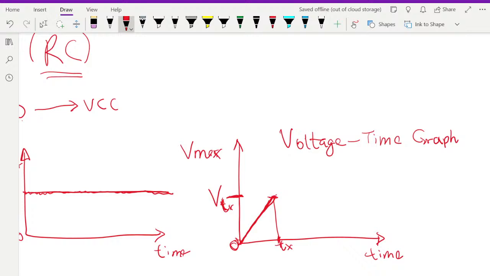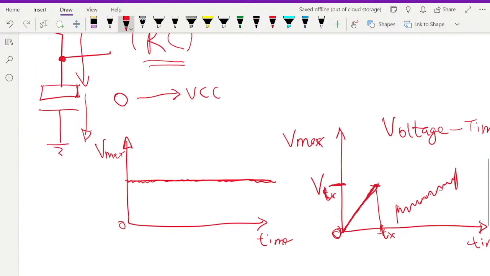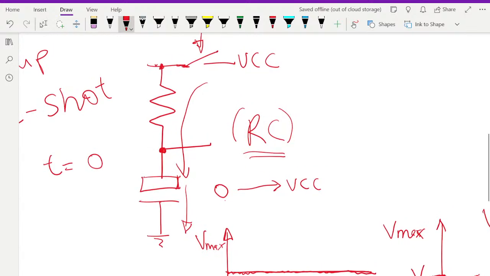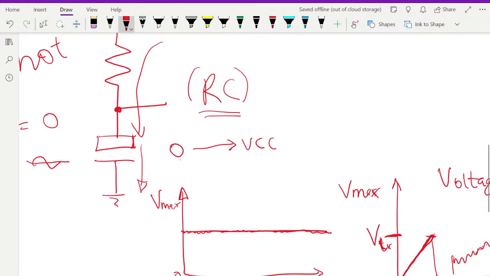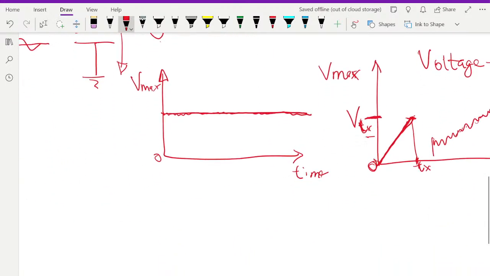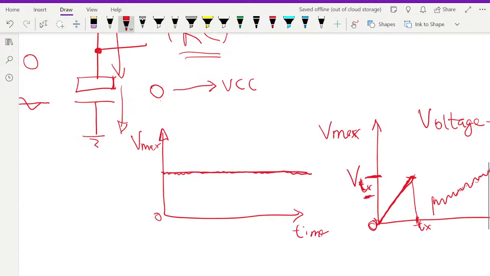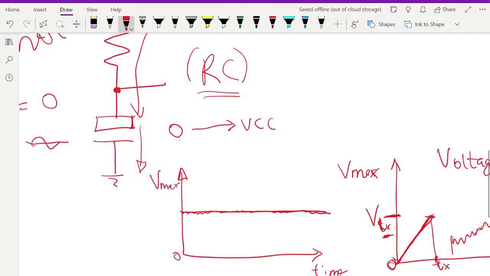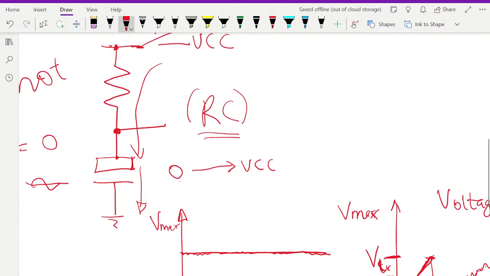So it goes and then builds up to that point. That jitter is seen by the capacitor as an AC circuit. It's not an AC, but it sees it as an AC circuit and shorts momentarily. And that moment it will short will be equivalent to the time TX, whatever time it takes to get to that point. And then it starts to build up until it charges up to maybe one third VCC or thereabout.